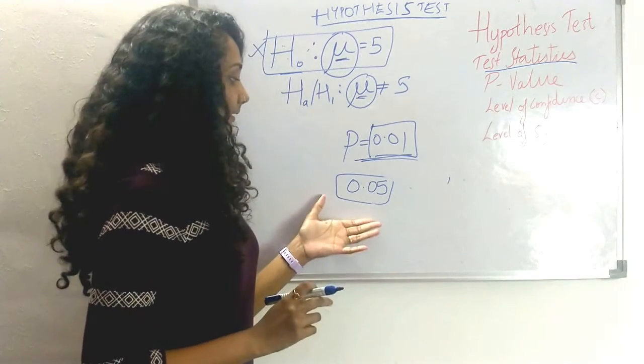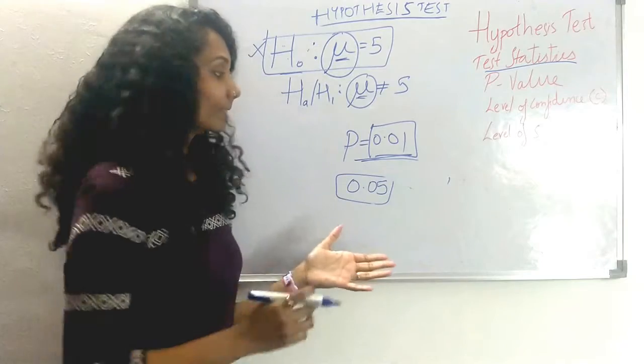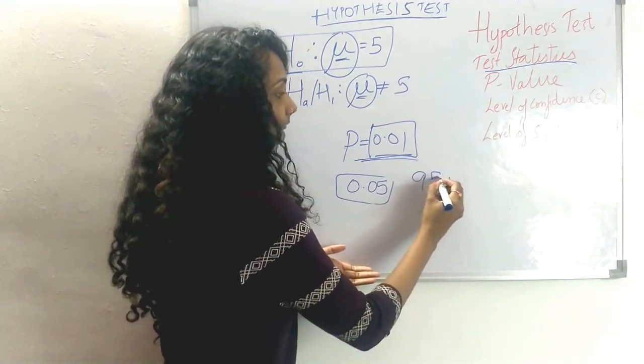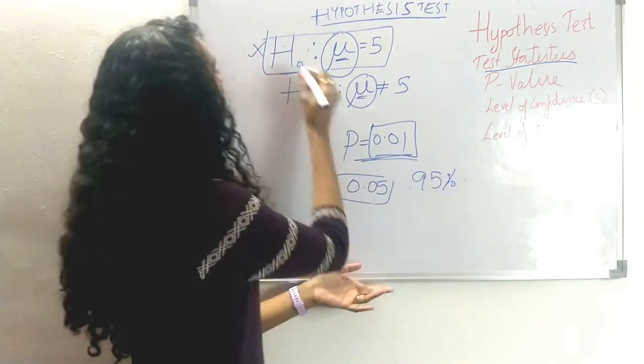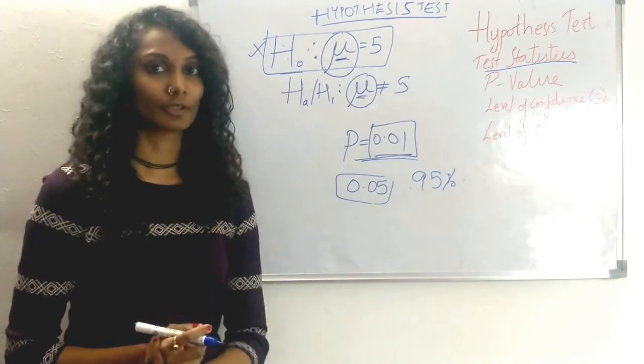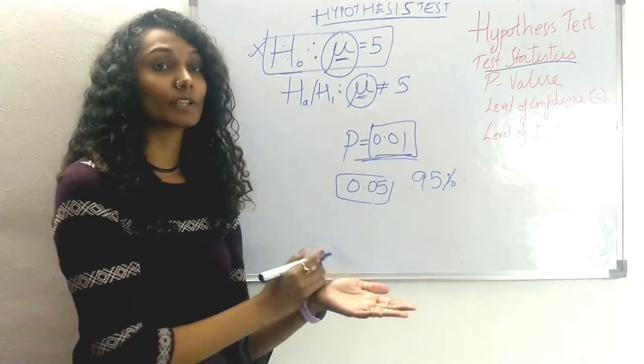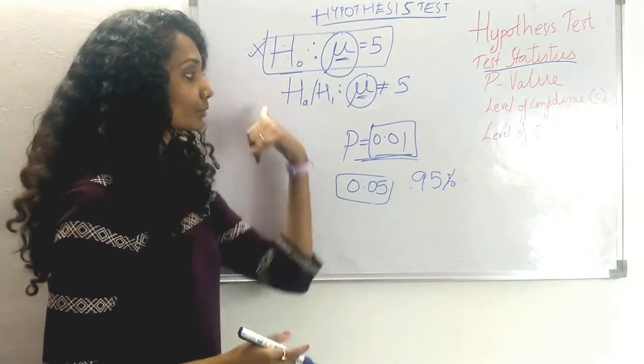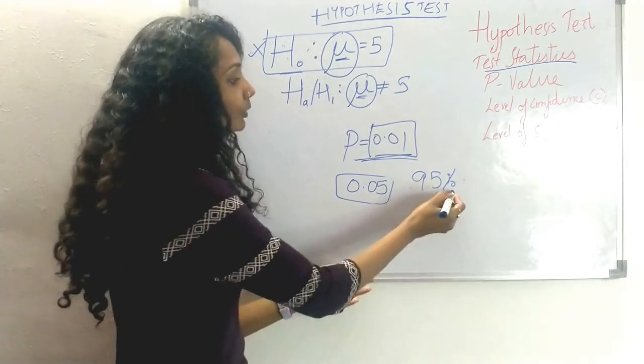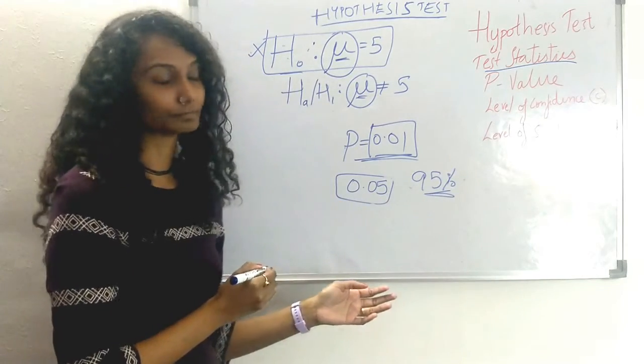So we've seen that the universally accepted p-value is 0.05. This also means that with 95% confidence I am able to reject the null hypothesis, because there is still a 5% chance that this is true. So when I am rejecting it, I am only 95% sure.